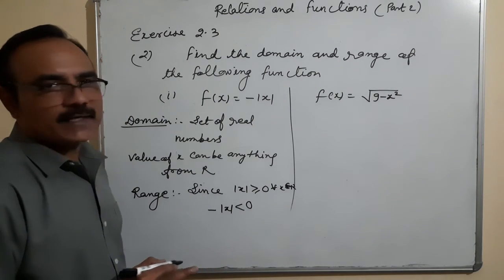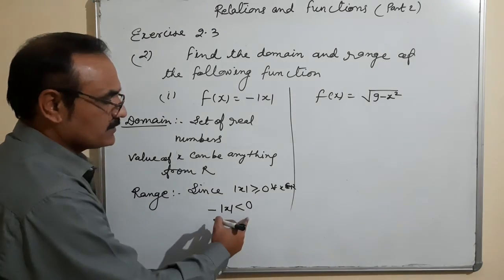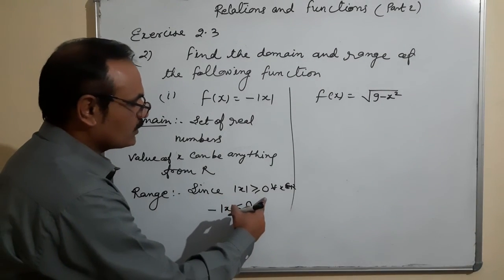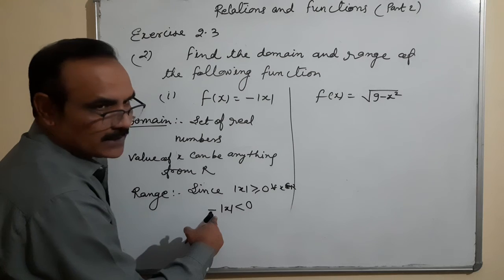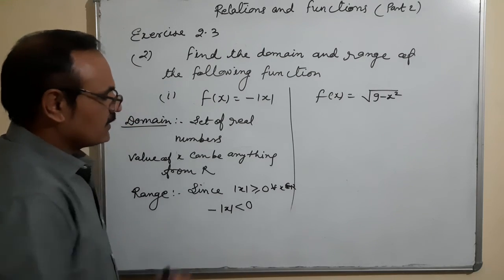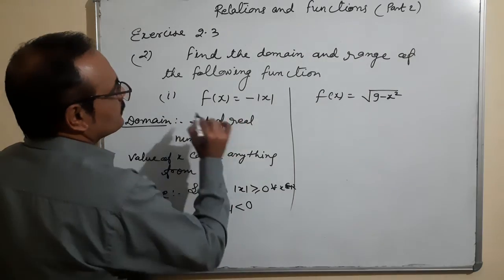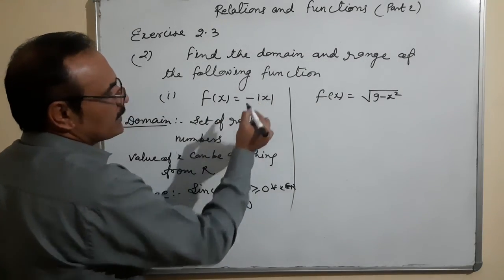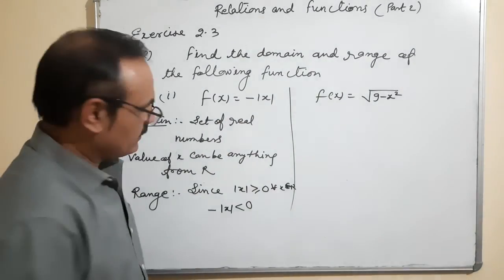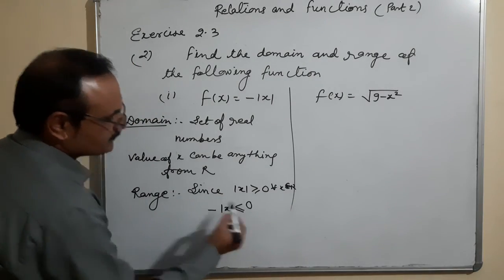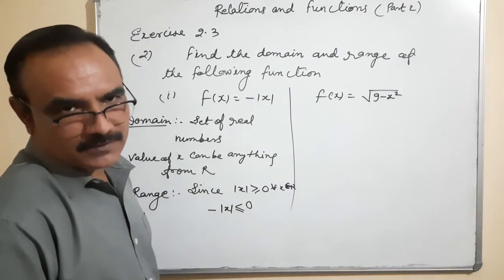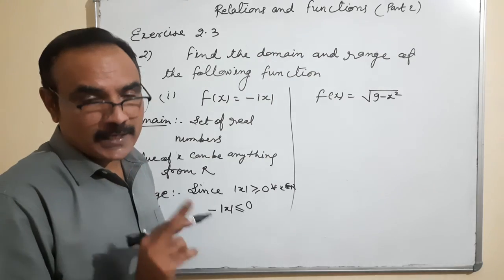When we put the minus sign, the result is less than 0. Now let us discuss one more point. Suppose I put 0. Then minus 0 doesn't have any sign, so I will write less than or equal to 0. 0 is also included.